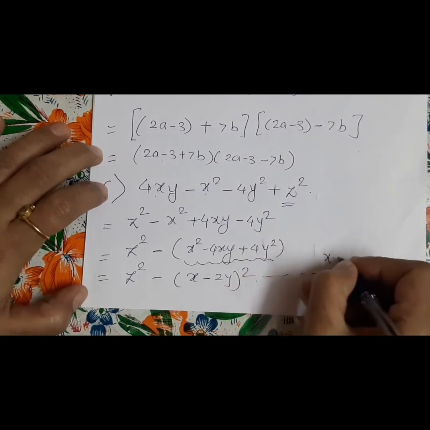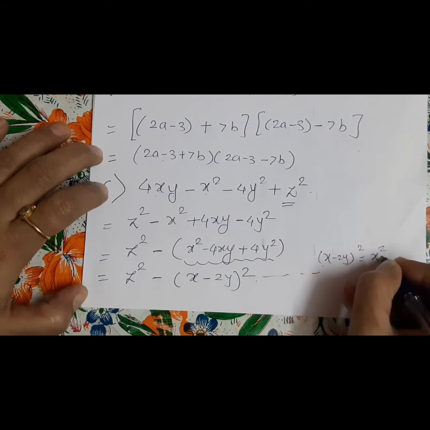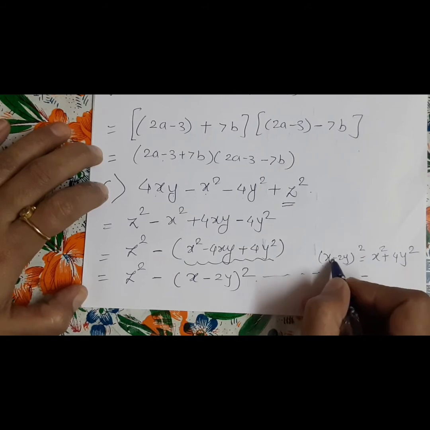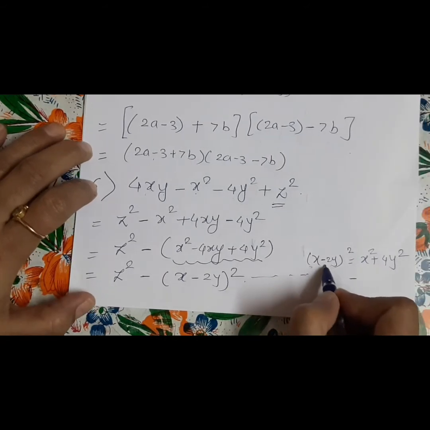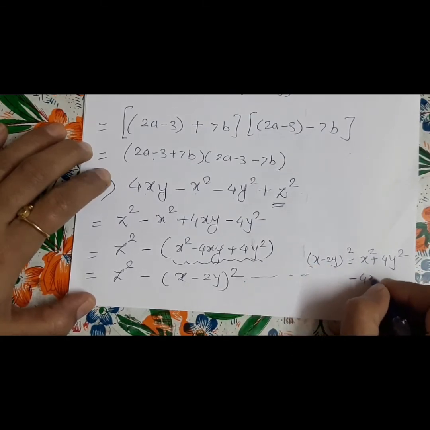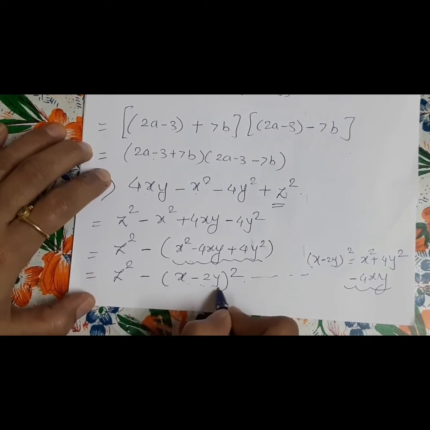Because x minus 2y its square is the square of the first term x square plus the square of the second term 4y square minus, why minus? Because the middle sign is minus. Minus the multiplication of both the terms, it is 2xy and twice of that it is 4xy. Okay, so x square plus 4y square minus 4xy. So it means it is the square of x minus 2y.